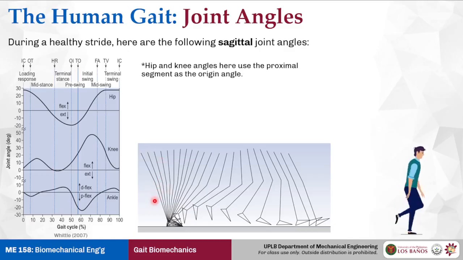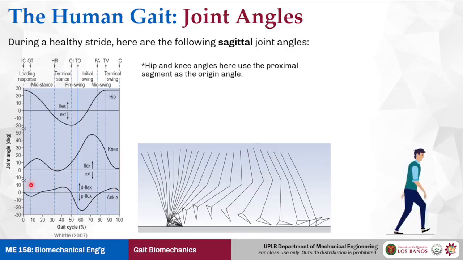So the basis of the zero angle is when your upper leg is aligned to your abdomen, essentially collinear to it. That is the zero mark. For the knee, that is also the case, but this time the more proximal part is the upper leg. So when we have a knee angle of zero, that means your upper leg and your lower leg are aligned or collinear with one another. That is the zero point.